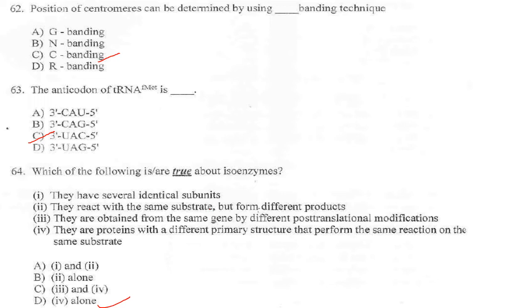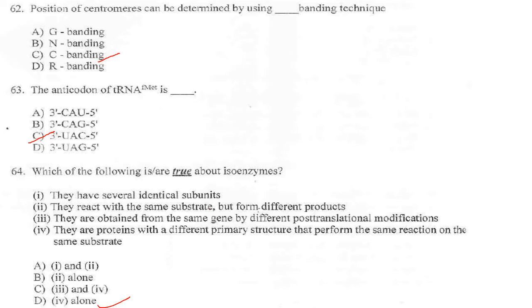Then which of the following is or are true about isoenzymes? They have several identical subunits. No. Then they react with the same substrate but form different products. No, because glucokinase and hexokinase, if you see, they catalyze the reaction of glucose to glucose 6-phosphate.